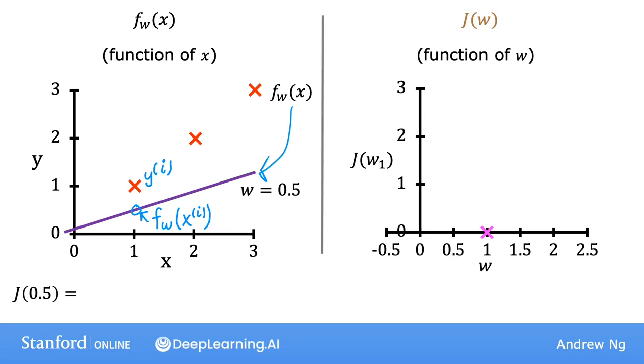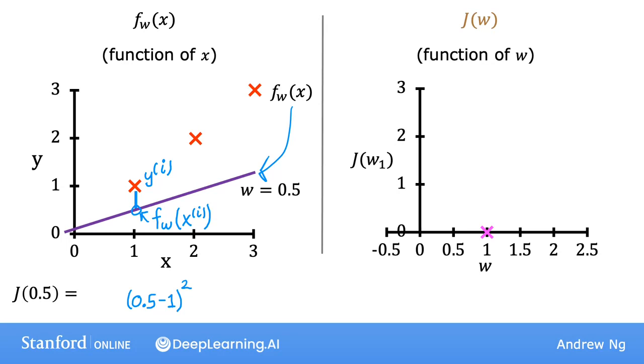So visually, you can see that the error or difference is equal to the height of this vertical line here when x is equal to 1, because this little line is the gap between the actual value of y and the value that the function f predicted, which is a bit further down here. So for this first example, when x is 1, f of x is 0.5. So the squared error on the first example is 0.5 minus 1 squared. Remember, the cost function will sum over all the training examples in the training set.